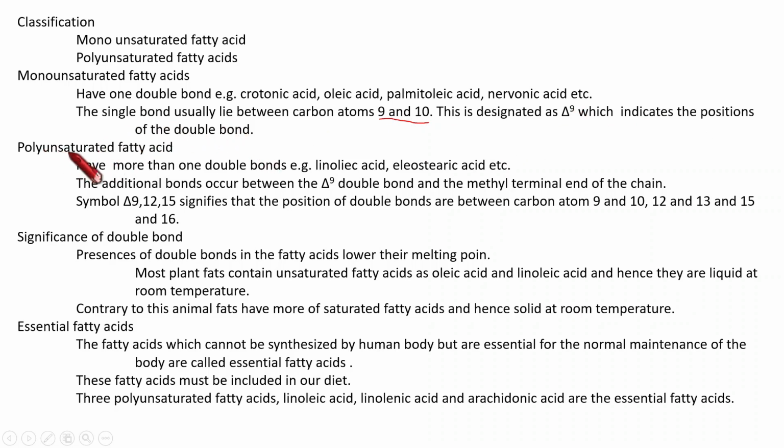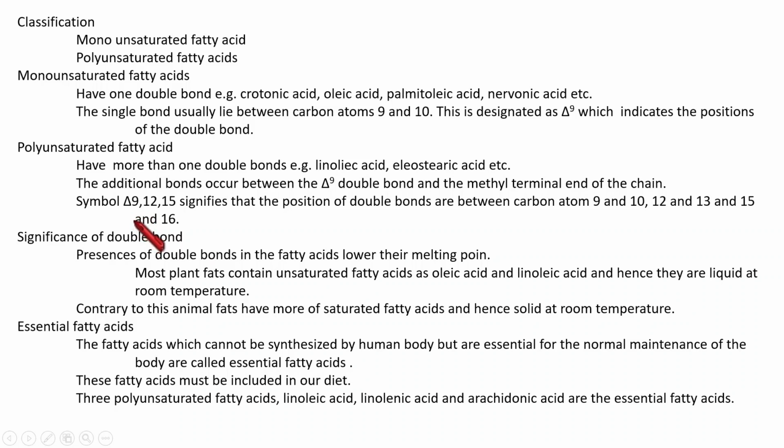Then what is a polyunsaturated fatty acid? That means more than one double bond in the hydrocarbon chain. Examples are linoleic acid, then eicosanoic acid, etc. We need to remember some examples for this one also. Then at which location can we find the additional double bond? We have seen that if a single double bond is present, it will most probably be between the 9th carbon and the 10th.